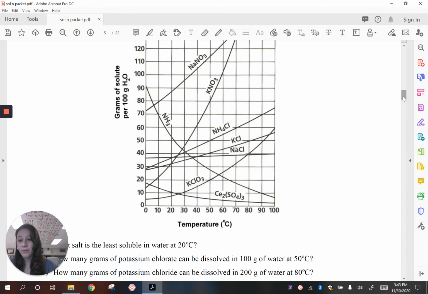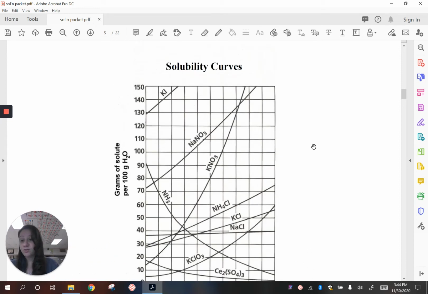It is not full. So if it's not filled to the maximum amount, what do you think would happen if I were to add one more crystal? Here's my unsaturated solution. It looks just like the other one, just looks like water. So what do I do? I add one more crystal, swirl, and see what happens. If it's unsaturated, not full, then it's just going to dissolve.